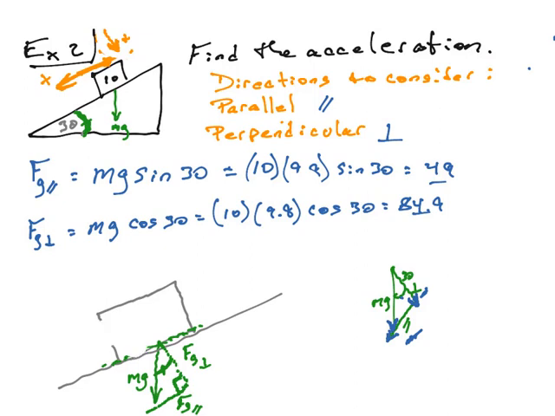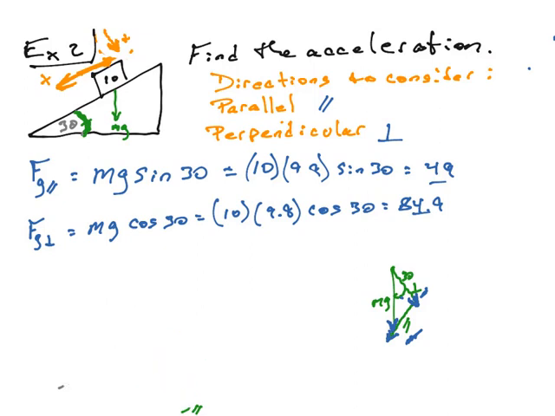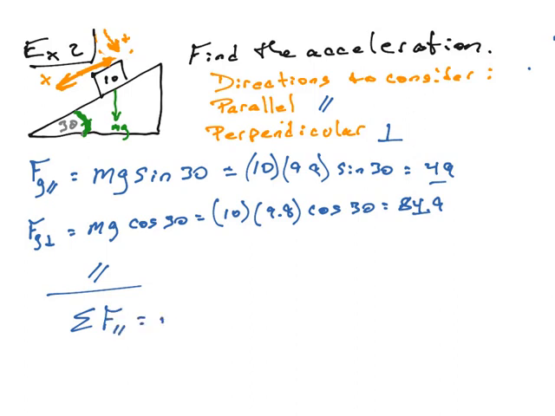Once that's done, all that's left is to solve the problem. What's the problem say? I want to know the acceleration. Which direction will this block move? Parallel direction. So looking in the parallel direction, the sum of all the forces in the parallel direction is mass times acceleration. What do we have?